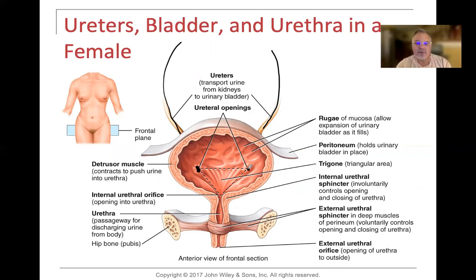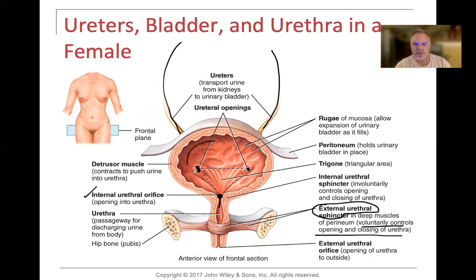Then it will dump that urine right through here from the internal urethral opening. Then there's an external urethral opening, and this is deep muscle, and it can be voluntarily controlled, open and closed, to release urine or not.